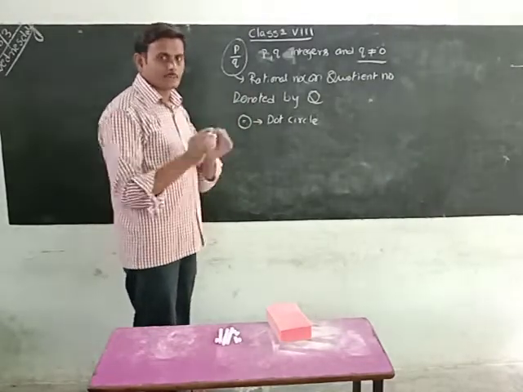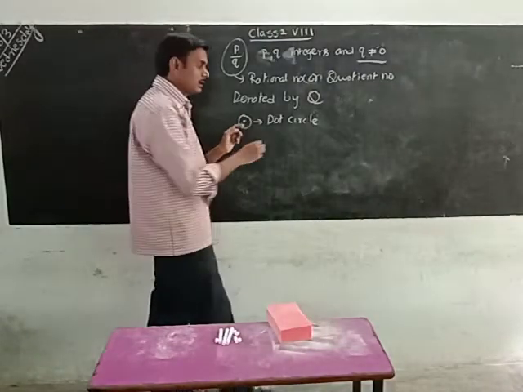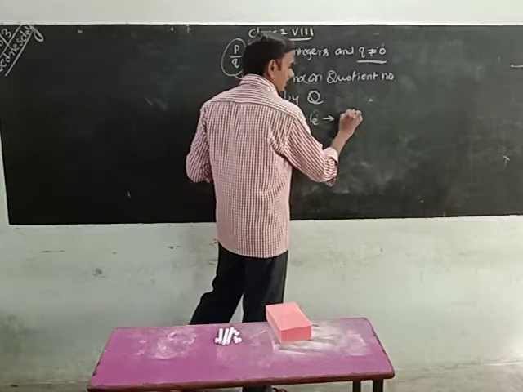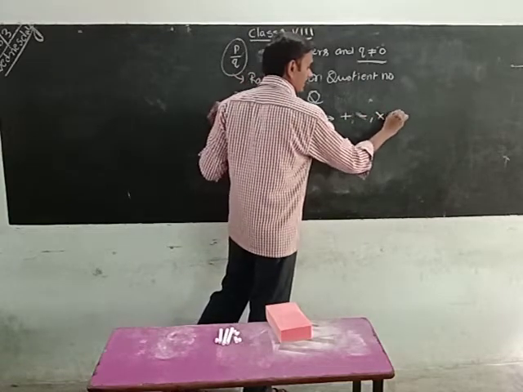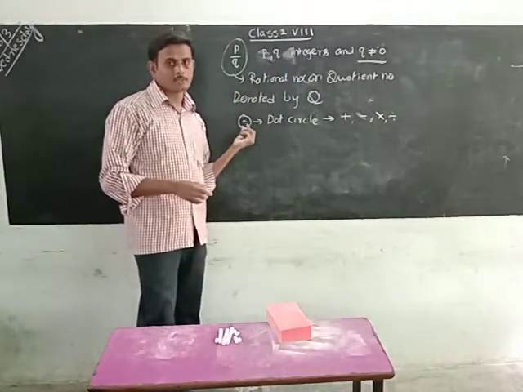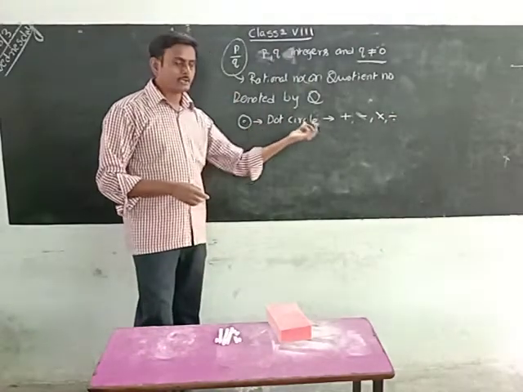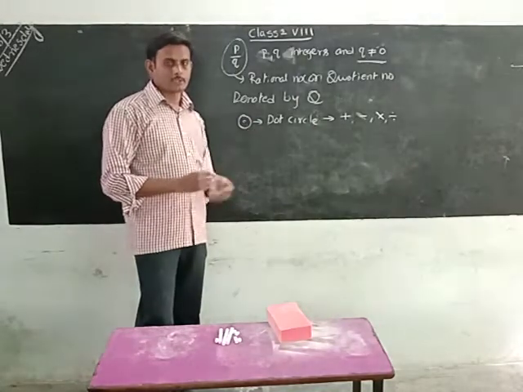Once again I will recall those. Dot circle is any one of the operators plus, minus, multiply, division. Any one of the operators we can take in place of dot circle.